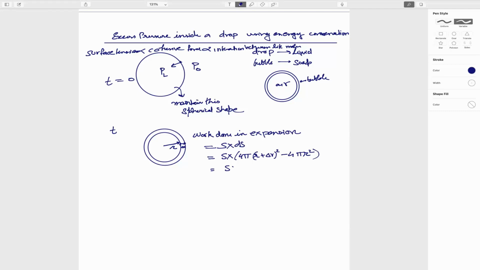So that will come out to be 8 pi r delta r. I also told you that you can calculate this dS, so we need to find dS with dr. S is nothing but 4 pi r square, so dS by dr is 8 pi r. So delta S in terms of radius is 8 pi r delta r.